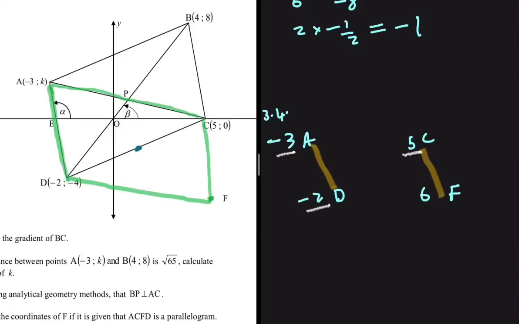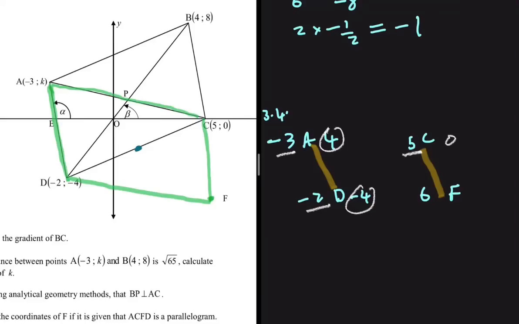Let's look at the y values. The y value of A is 4. The y value of D is -4. So from 4 to -4, that is -8. What is the y value of C? The y value of C is 0.